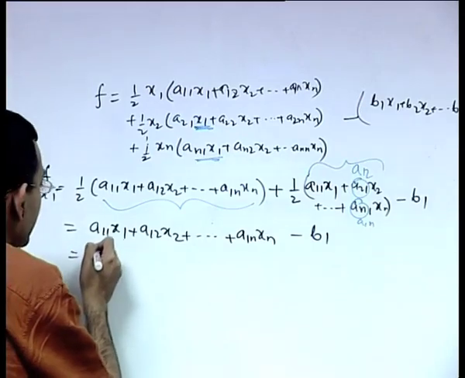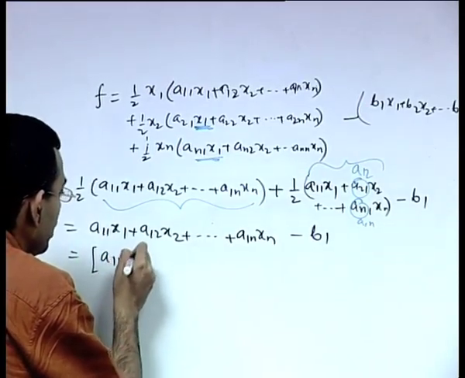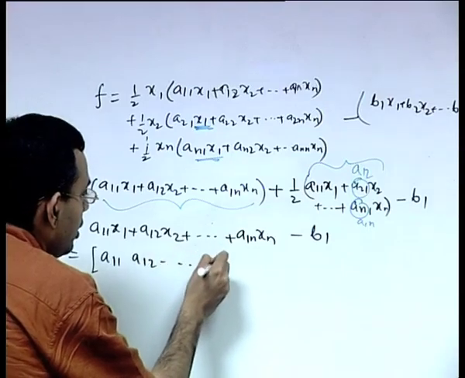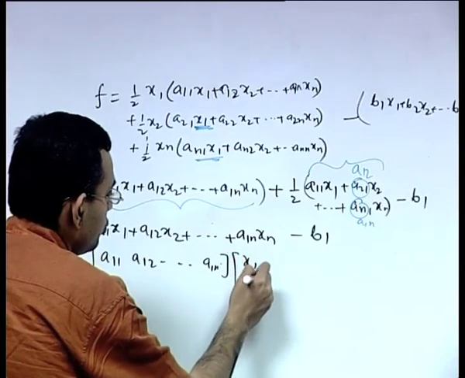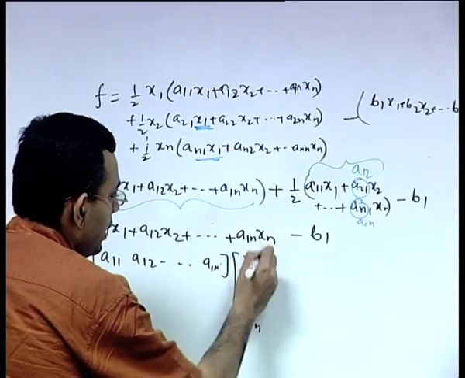So, you can write this as A11 A12 in this way A1n into x1 x2 xn minus B1.